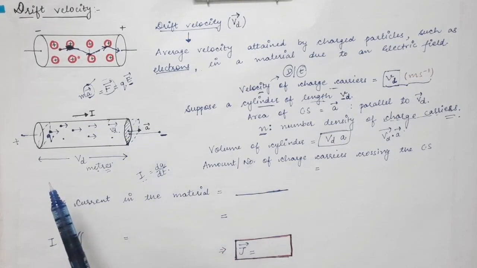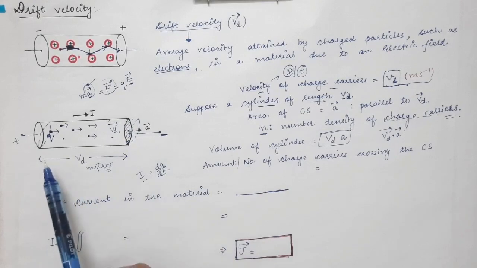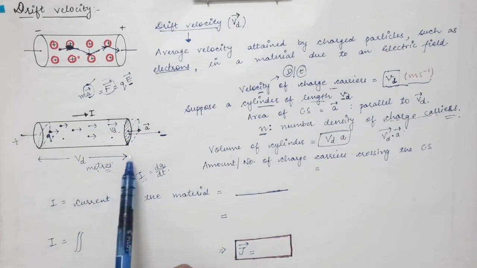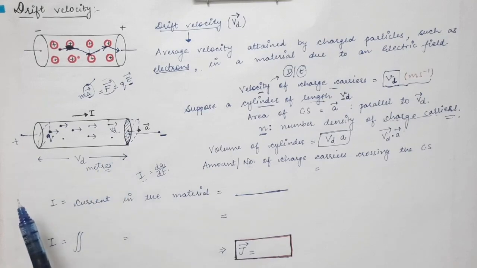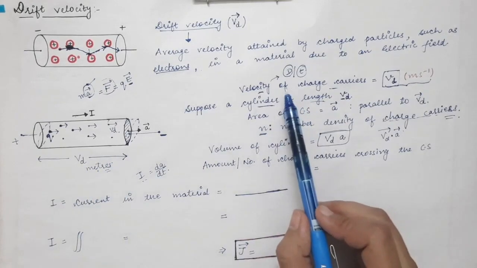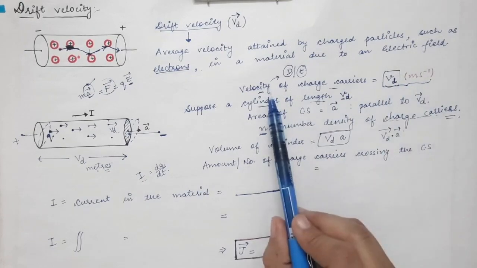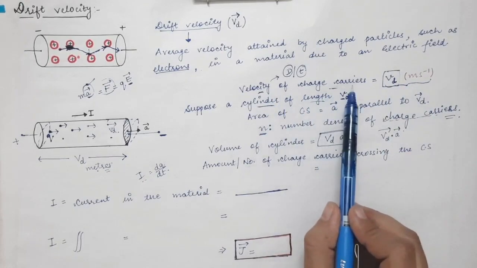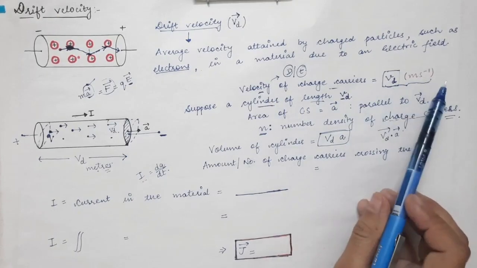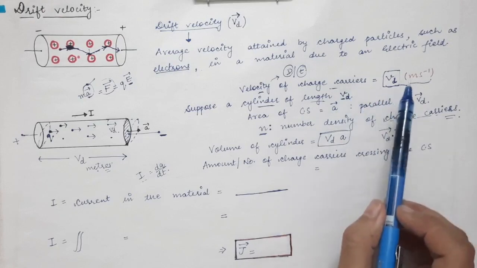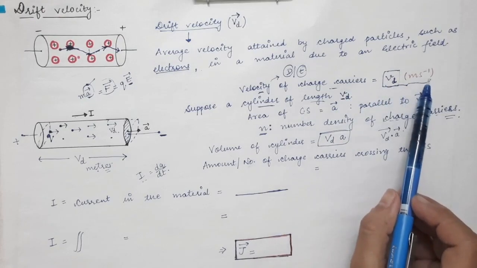As I have said, VD meters is the length of the conducting material, and every charge travels VD meters in 1 second. The drift velocity of every charge carrier is VD meters per second, meaning every charge carrier will travel a distance of VD meters in 1 second.